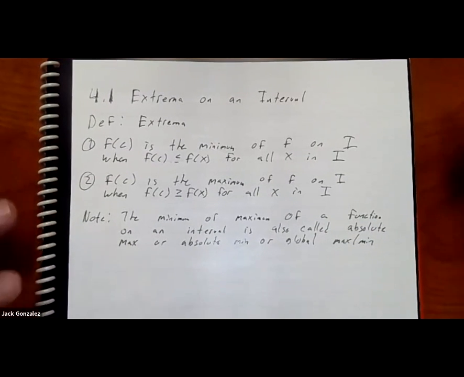So you'll see that in the book and in the homework. If they say find the global max or the absolute max, that means the literal highest point of the function. Okay.